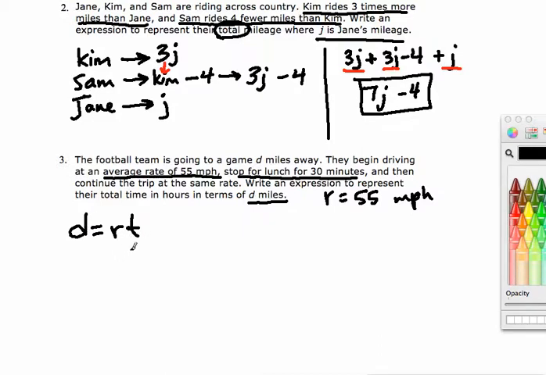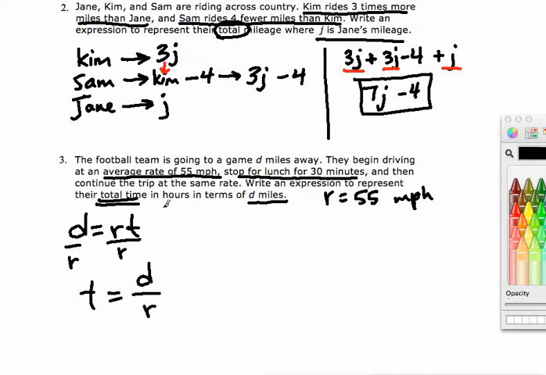And here's why we learned how to manipulate equations. We want this to be in terms of D, and we're given R, and we're trying to find time. So in order to make this more useful, we want to solve for time. So divide by R on both sides, and we get our time is equal to distance divided by rate.